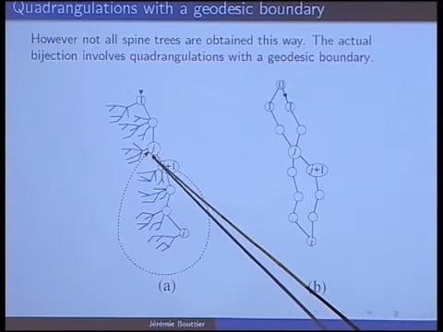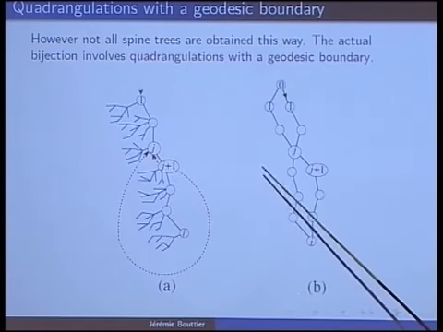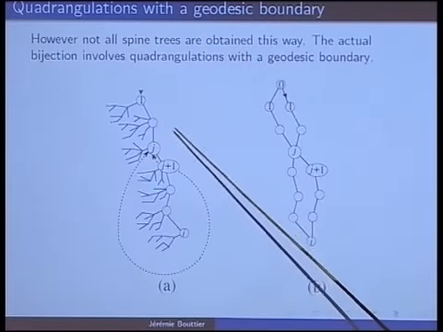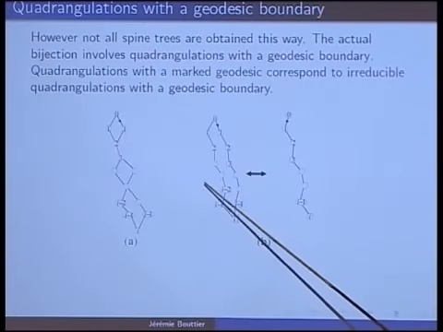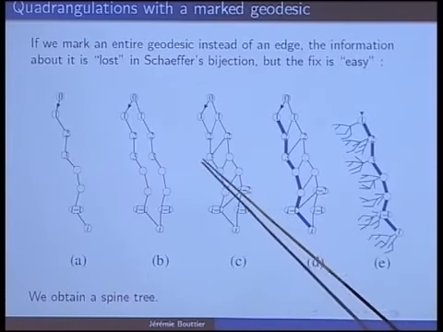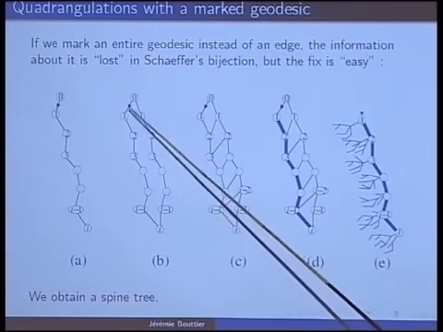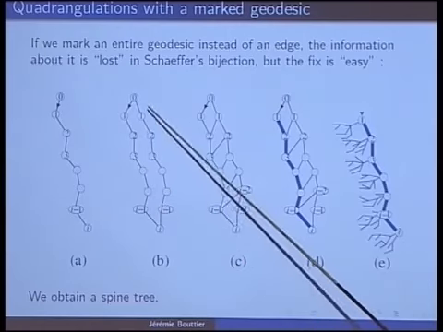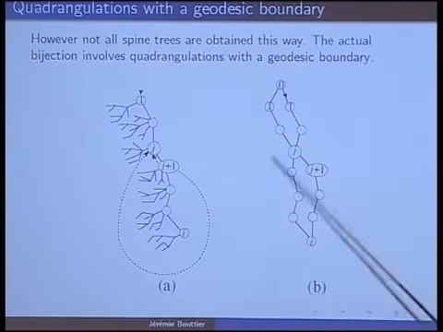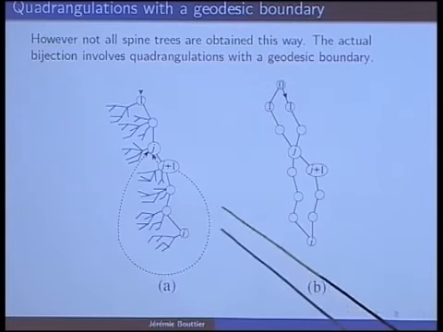You would connect it in two ways. And in the quadrangulation, remember that I split my quadrangulation in two. Here, by this construction, you always obtain a quadrangulation where the two copies of the geodesic are distinct. And here you would have a pinch point, that is a common point between the two geodesics, and this is not forbidden.